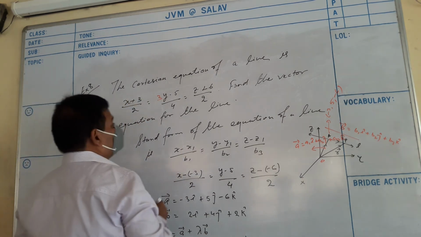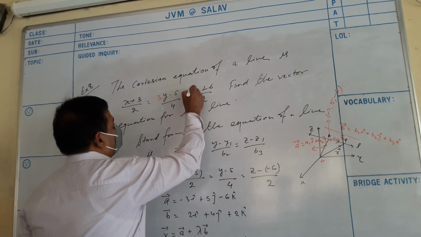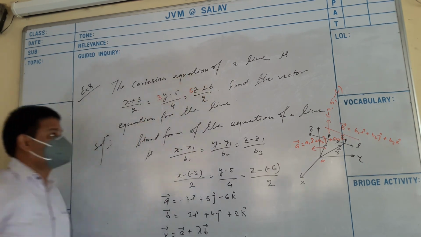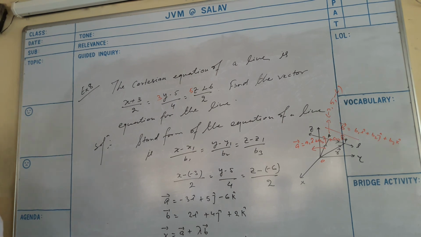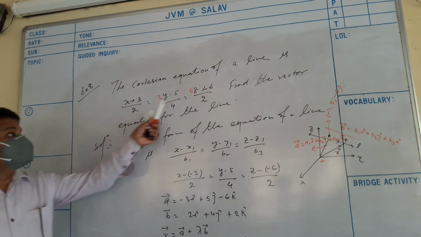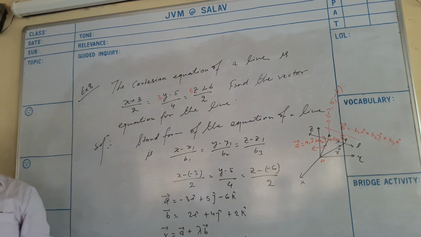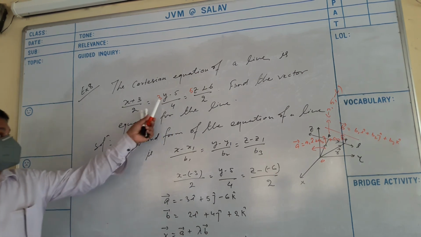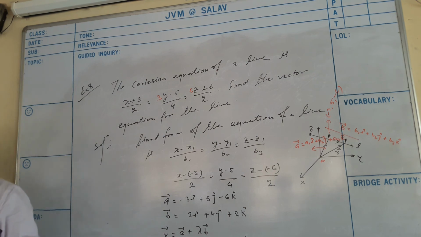And here I am writing 5z. Then how will you convert into standard form? This one question is okay. Now I am changing the question. Now I change the question, here it becomes 3y.